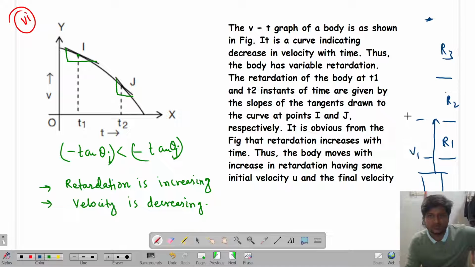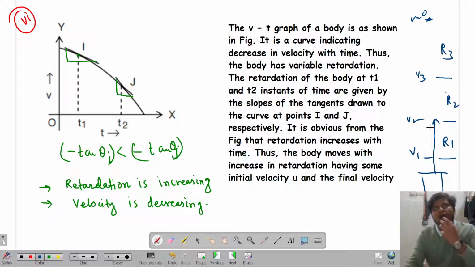Let's suppose this is V1, this is V2, this is V3, and here V equals 0. Initially the decrease in velocity is very small. After that there is a much larger decrease in the velocity, and finally it stops over there. So retardation is increasing here.